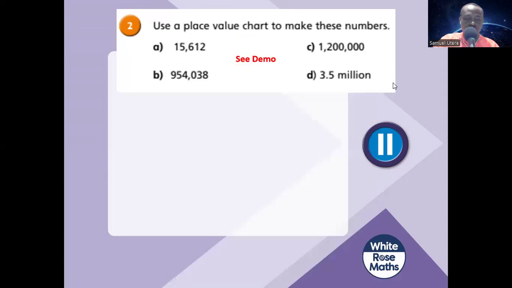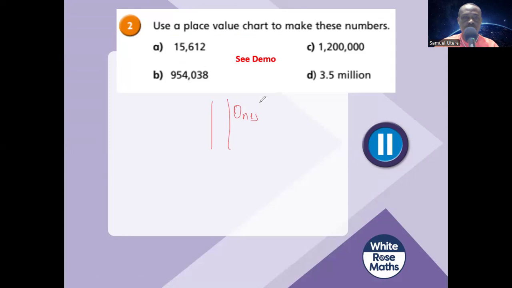For question 2, you were asked to use a place value chart to make these numbers. So if we want to do this one really quickly, you can see we have the ones. So we'll have ones. Okay.